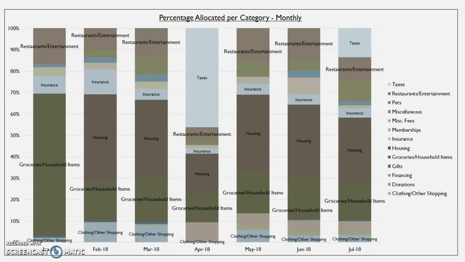That's because the housing category isn't there in that month, just due to our closing costs on our house and things like that. We didn't have a formal mortgage payment in that month. So it is a little skewed there, but the actual spending is in line with the rest of the months there. So you'll see groceries and household items taking up the bulk, and restaurants and entertainment also accounting for a good bit of the percentage there.